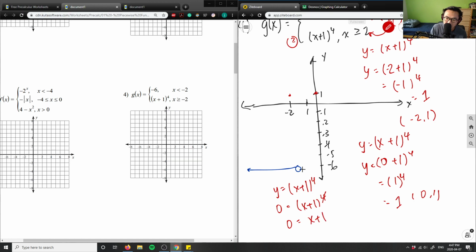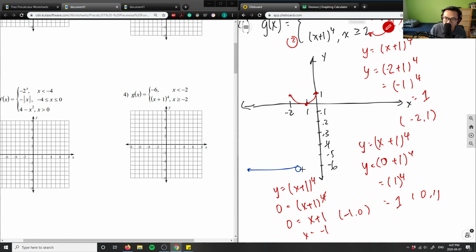So x plus 1 equals 0, and moving 1 to the other side, x would equal negative 1. So (-1, 0) would be my x-intercept. So I have a point here. And now what we can do is connect these 3 points together, right?